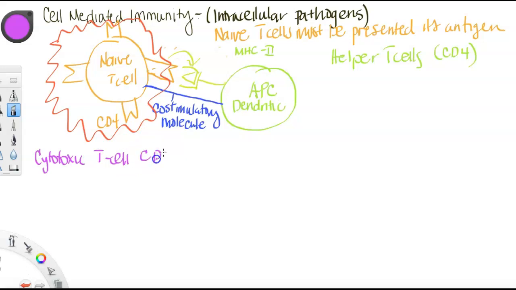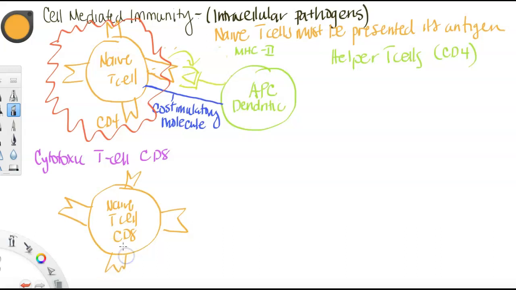It's a CD8 cell. So if that naive T cell is a CD8 cell, we'll call it a CD8 cell. Okay, so it'll have its little T cell receptors all ready to go. Okay, so it will bind to an antigen presenter.